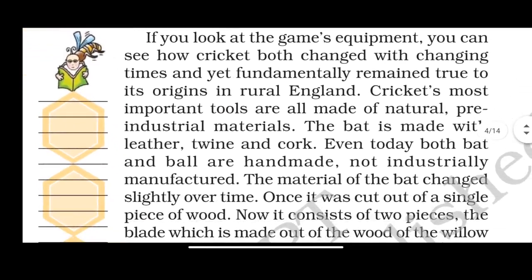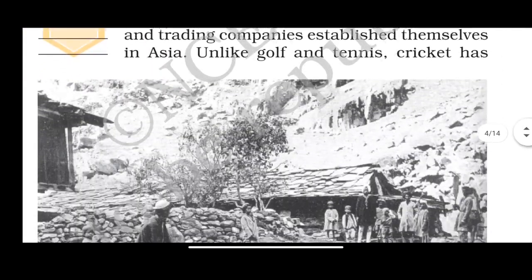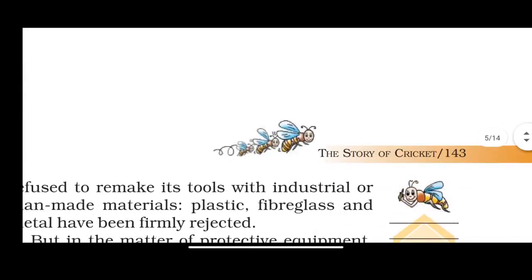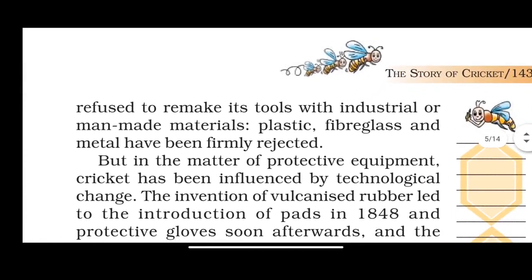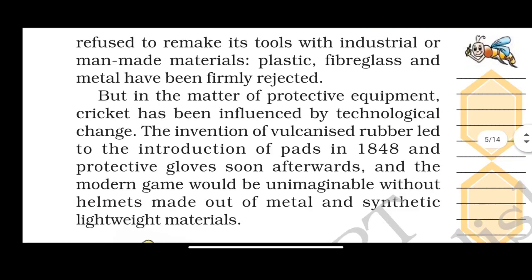We have also seen how cricket equipment is still using natural, man-made things. Even golf and tennis choose artificial, manufactured products, but not cricket. Cricket is using wood and some cork, but tennis and golf are using plastic, fiberglass and metals, right?